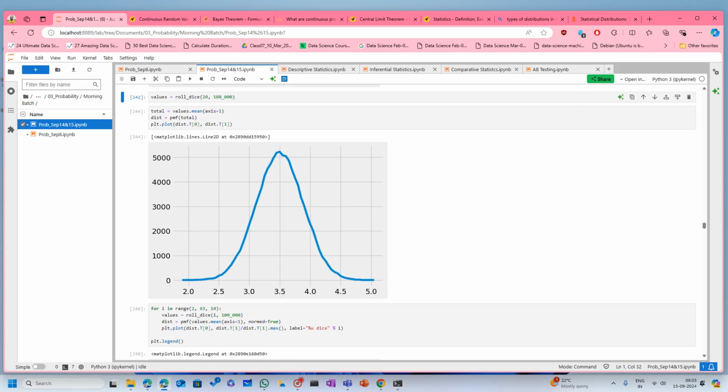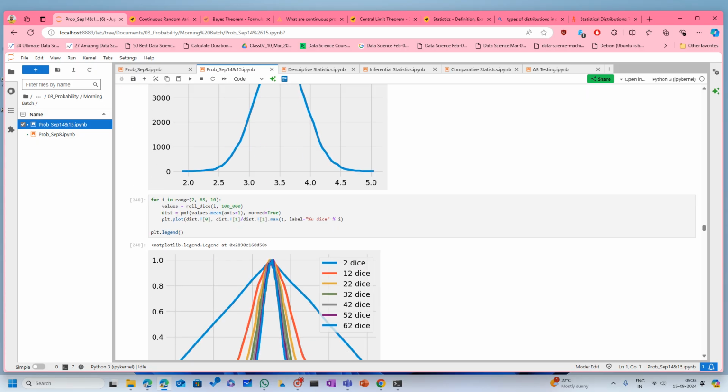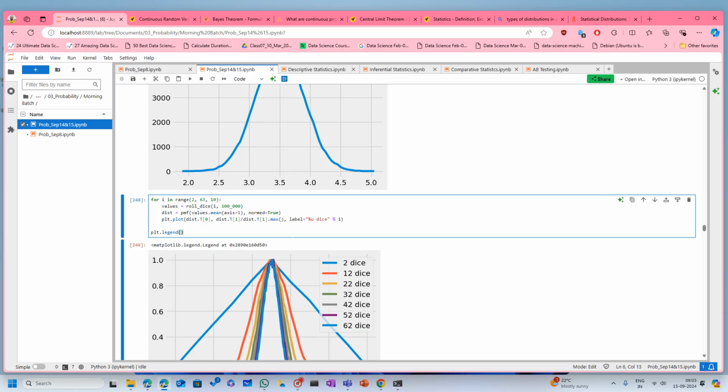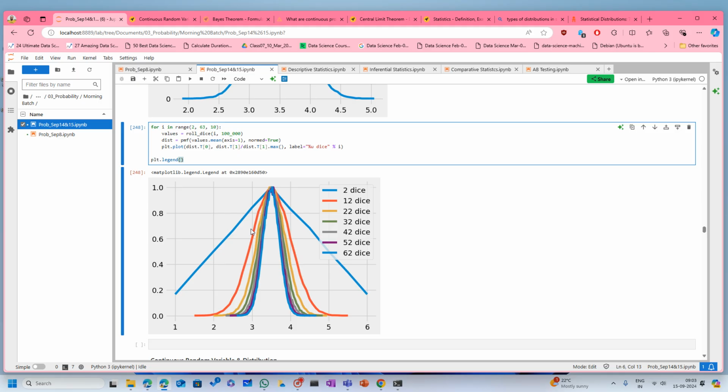And again, we have repeated the same thing for various dice, if you want to expect two sides. Notice the curve is like this, and as you increase the number of sums that you expect, the blue one, this 62, or the purple one, it exhibits this curve.